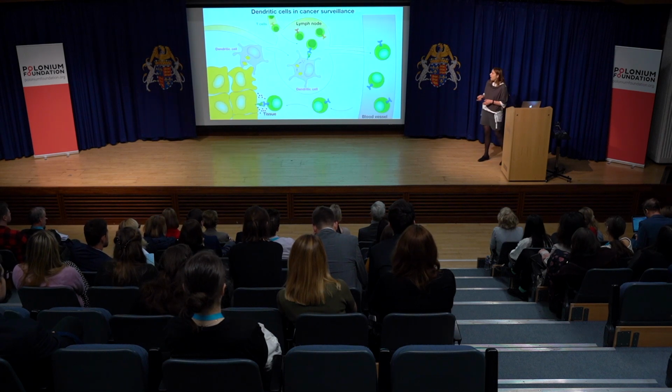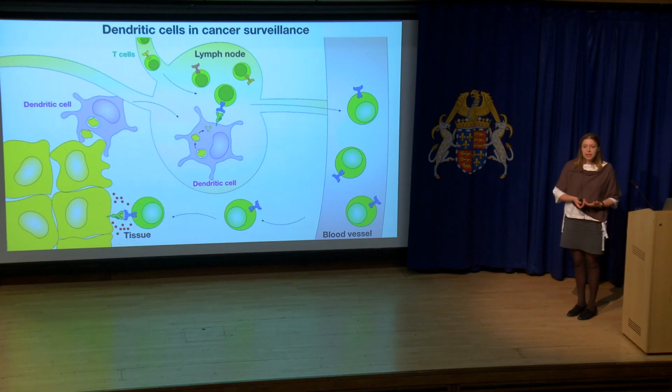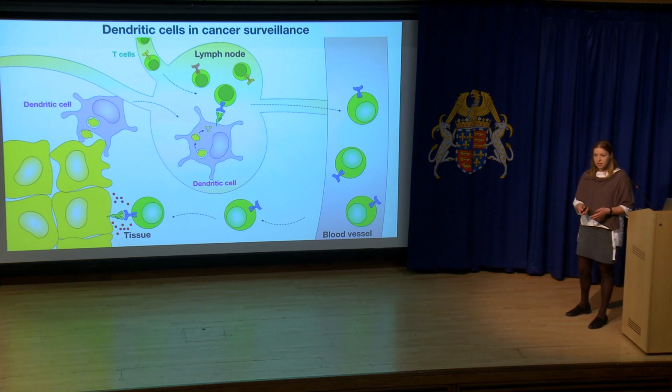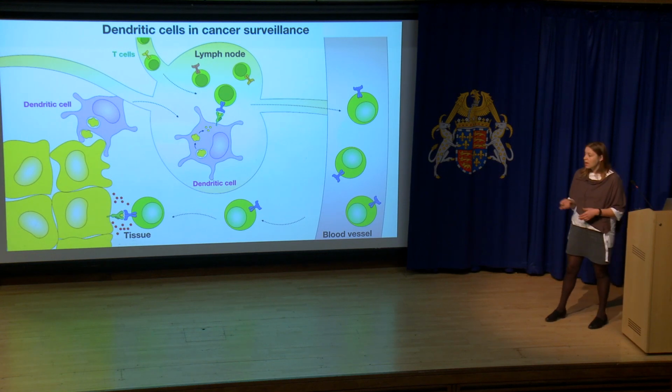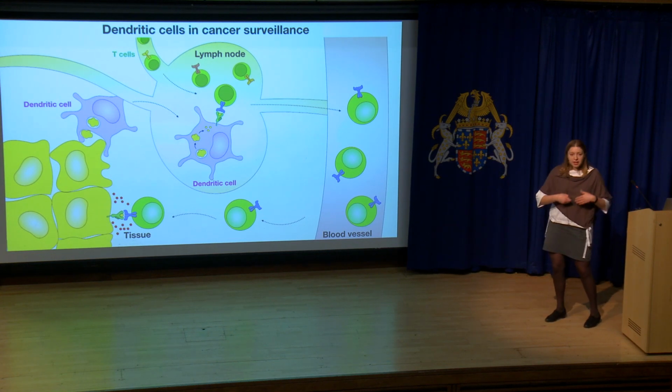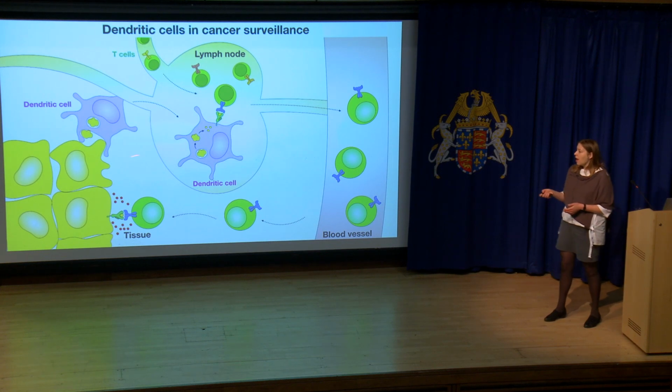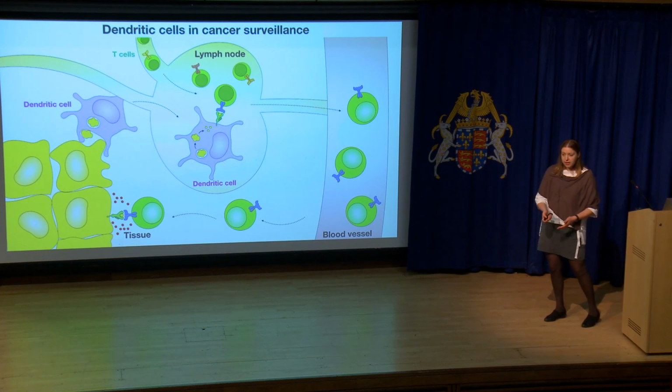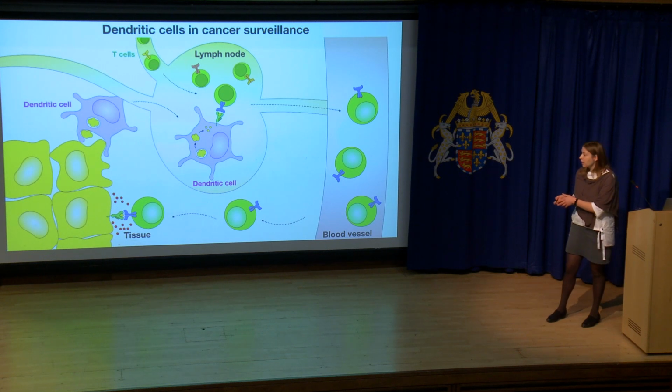And more generally, we would like to understand other steps that might be not very efficient during initiation of anti-tumor immune responses. We know that cancer cells can modulate dendritic cell functions and, for example, inhibit antigen uptake and inhibit antigen processing.